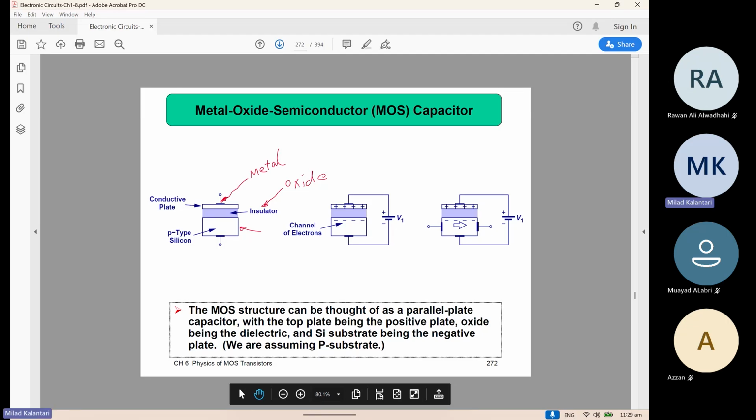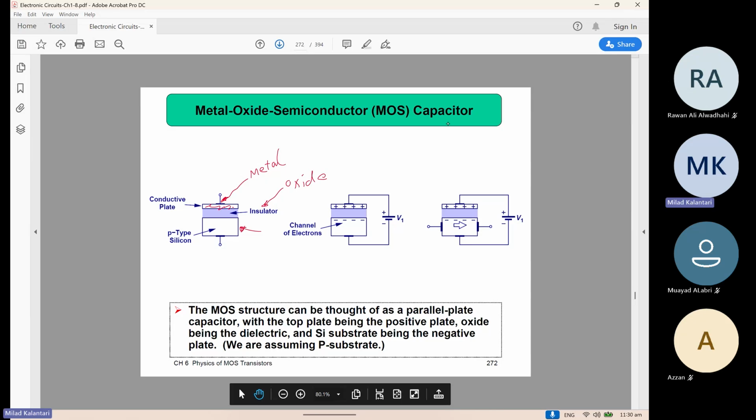Some metal contact on top of the insulator is this region, right? You have the insulator, which is the oxide, and then you have the semiconductor substrate at the bottom, right? That's why we call these things MOSFET, MOS.